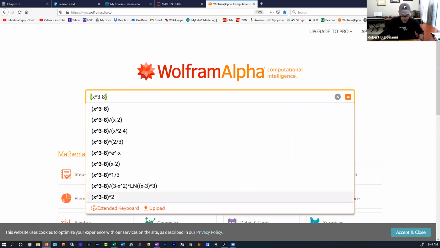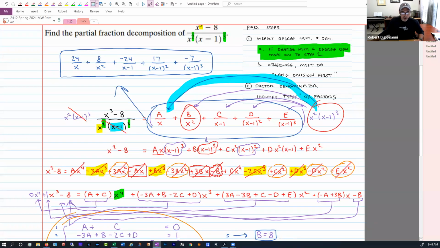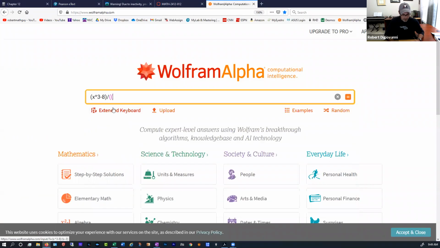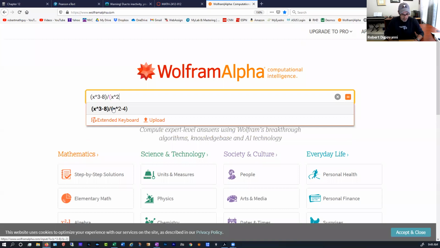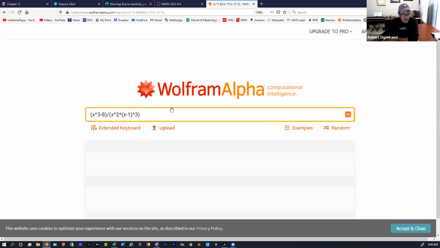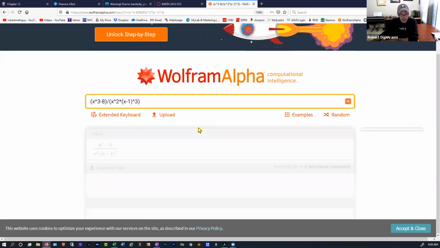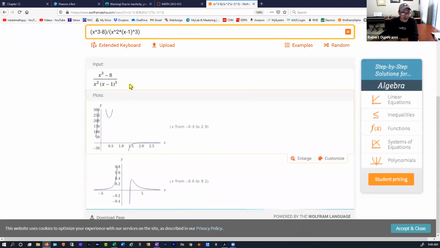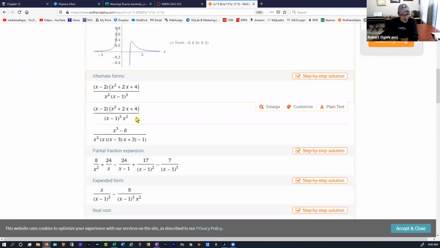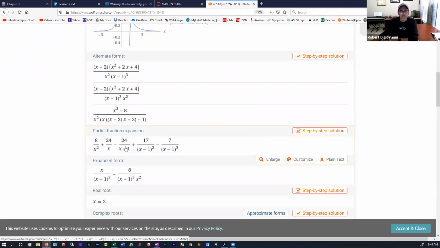It was x cubed minus 8 over x squared times x minus 1 cubed, in parentheses. Okay, that took me about 20 seconds to type in. I'm just going to hit enter and see what this thing does. It's going to graph it for me. It's going to do all this stuff. Oh my goodness, look at this line right here. The partial fraction decomposition.